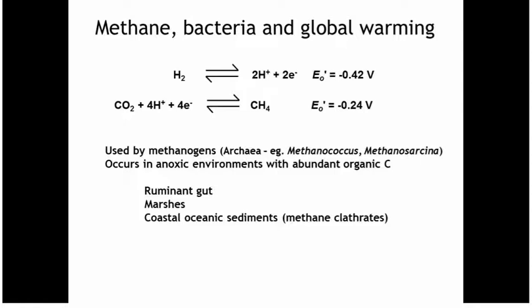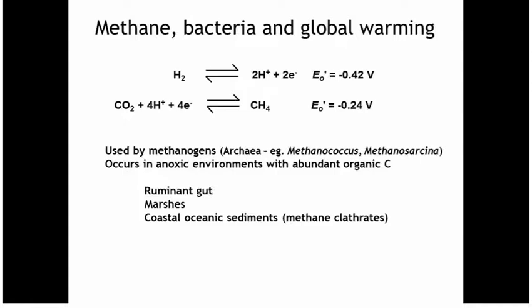And in northern latitudes, where it's very cold, the methane is associated with ice crystals in methane clathrates. And there are large amounts of these methane clathrates down at the bottom of the ocean, up in the Arctic.